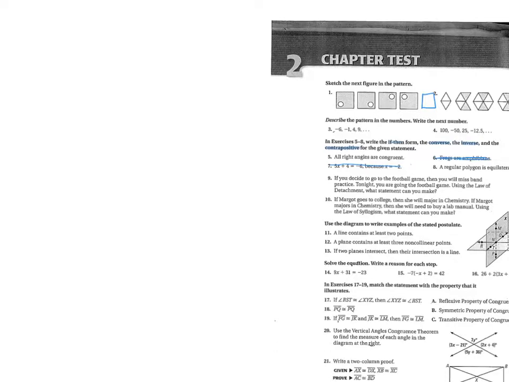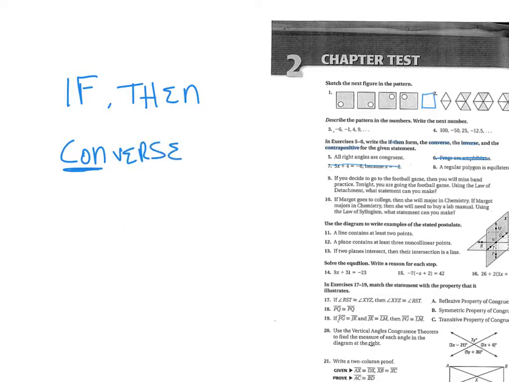I want to remind you, take that statement, and for the if-then, just make it if-then. Then the converse, remember, you see con, we simply want to flip the if-then.